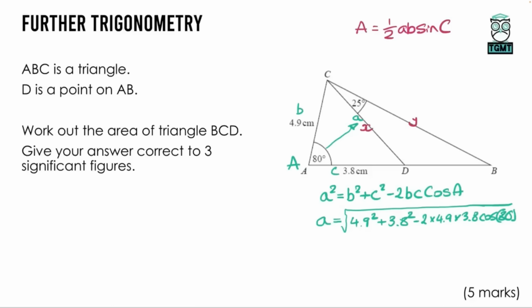It does say 3 significant figures, but we will write this out in full to start with. 5.655381673. And there we go, that is that length X. For the moment, I'm just going to write 5.655, going just beyond the 3 significant figures, just so it's labelled on the diagram.